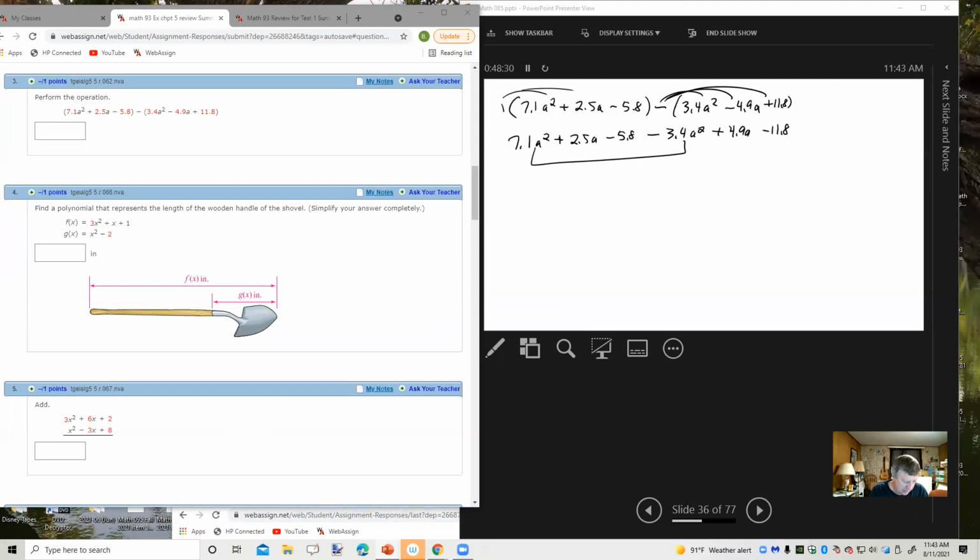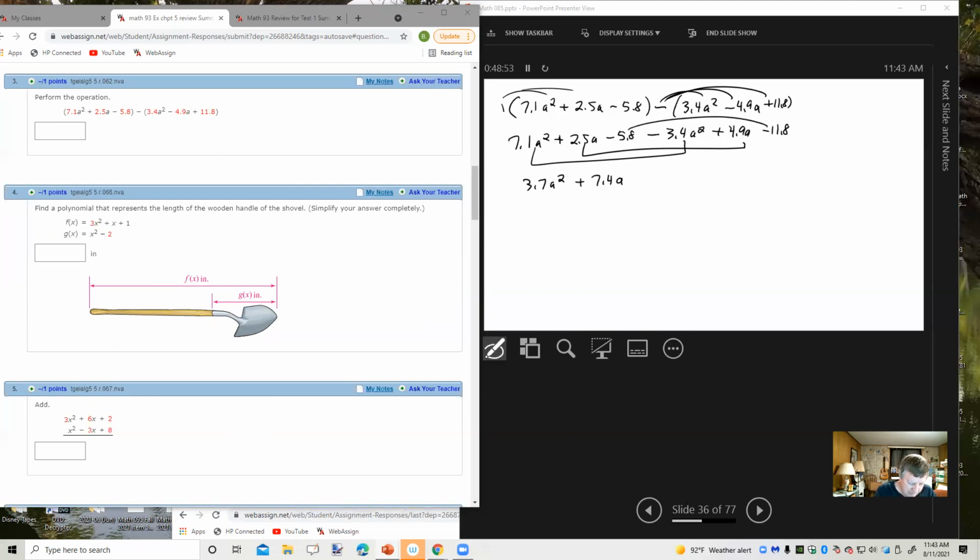Okay. Now, combining like terms, let's see. 7.1 minus 3.4 is going to be 3.7a squared. Then 2.5 plus 4.9 is going to be plus 7.4a.